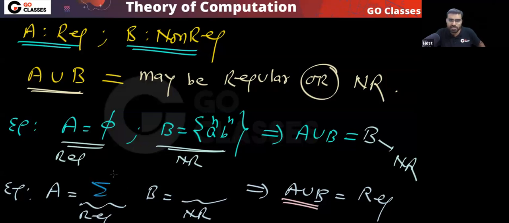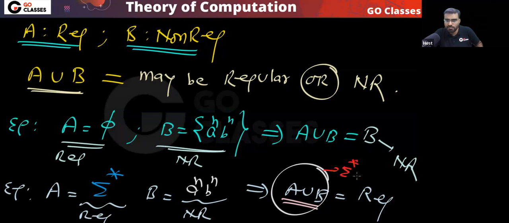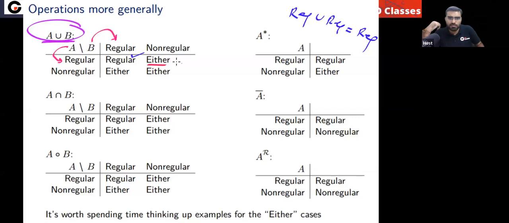Yes, you can give, for example, sigma star, and here you can give a^n b^n. The union will be sigma star, which is regular. So if A is regular and B is not regular, then the result may be anything, either regular or non-regular.